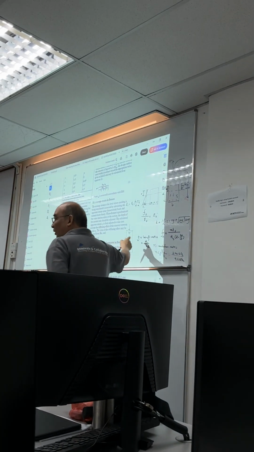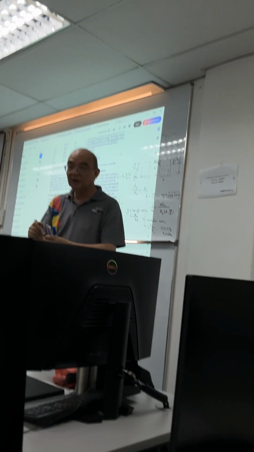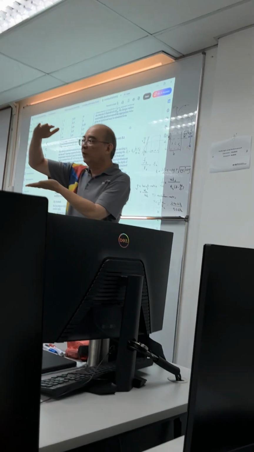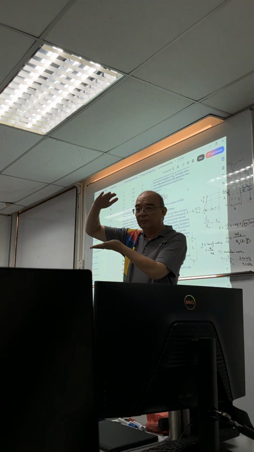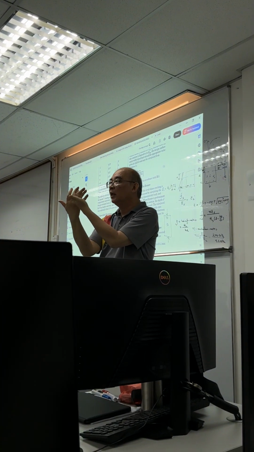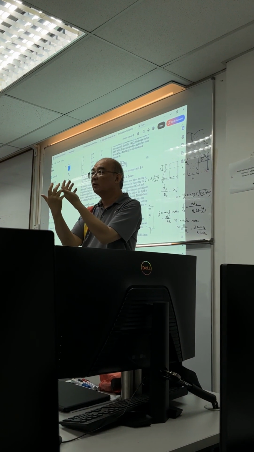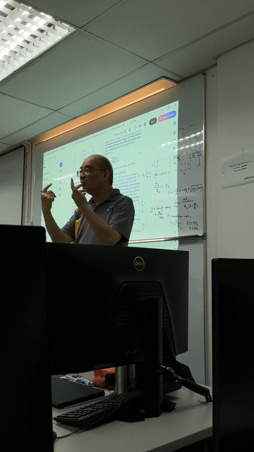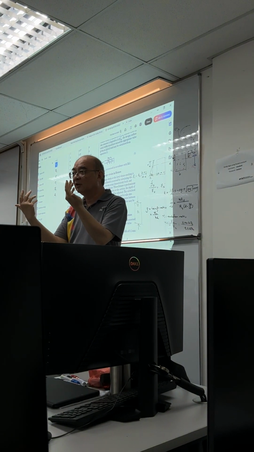You see this one, right? You see more or less like that, right? Because when I compress it, there's actually a lateral tension because of the Poisson ratio. So that one is due to the lateral tension.